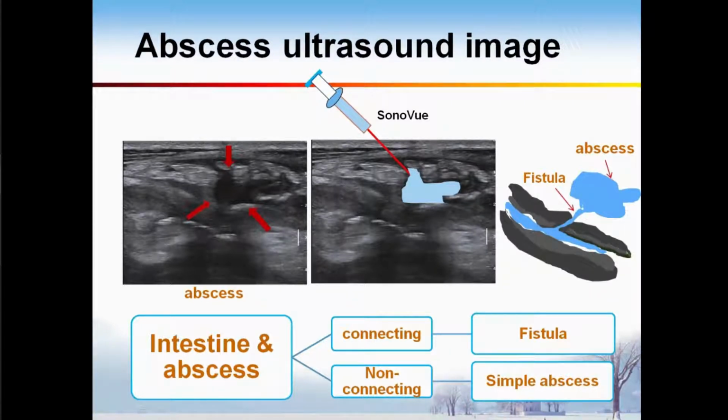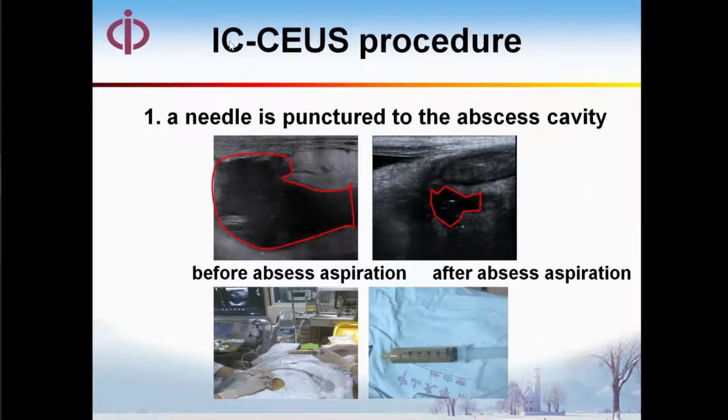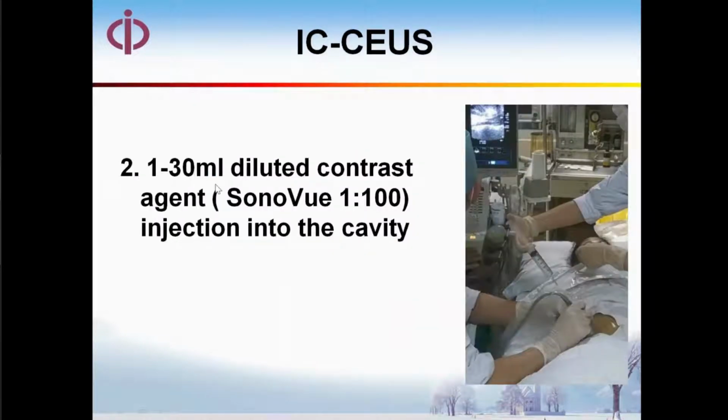In our study, the procedure is firstly to use a needle to puncture the abscess and suction it. Here is the abscess suction, and then we inject the diluted contrast agent solution into the abscess cavity.